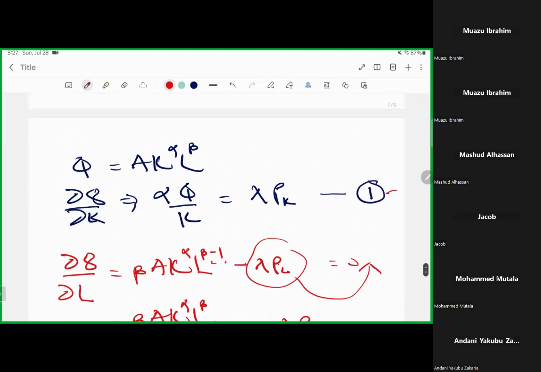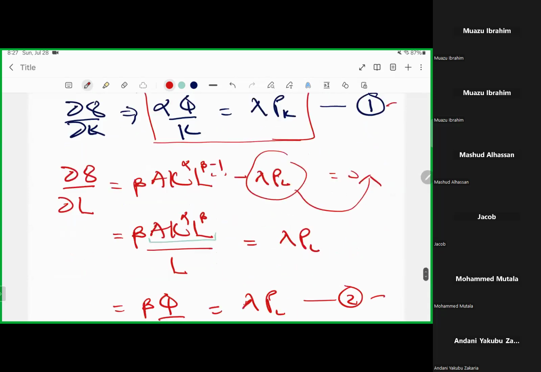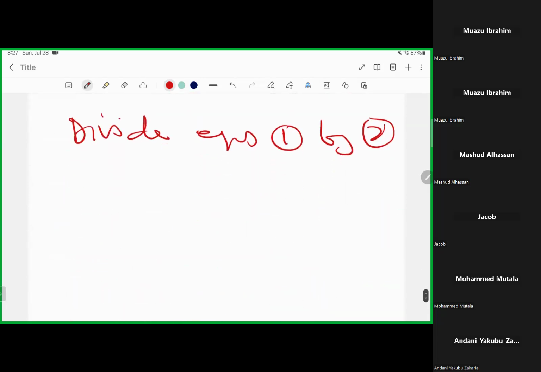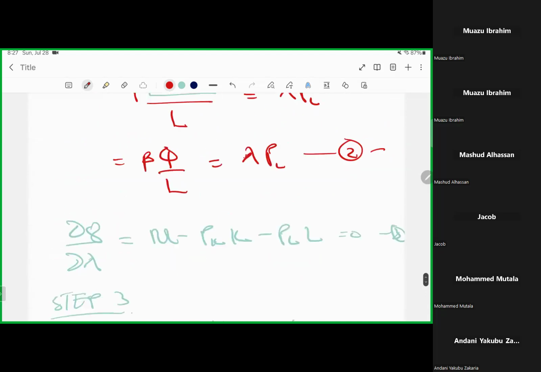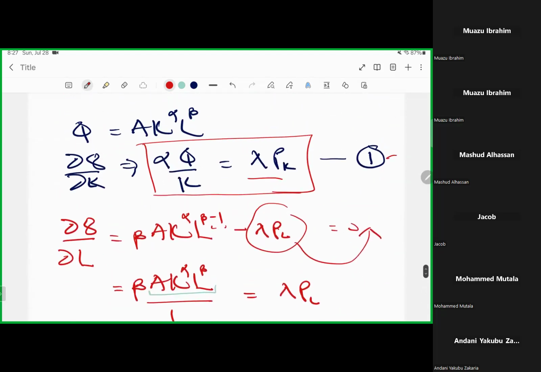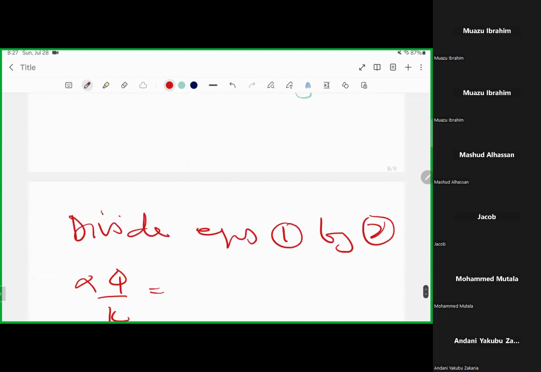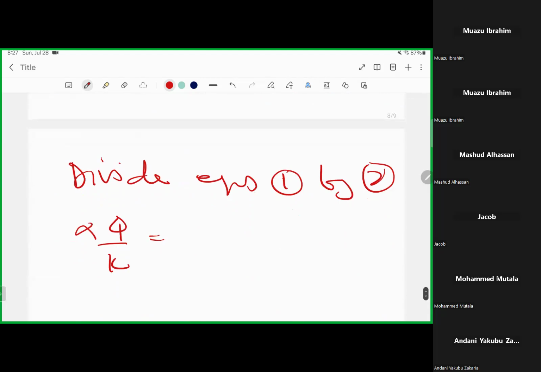Equation 1 is alpha Q all over K is equal to lambda PK.